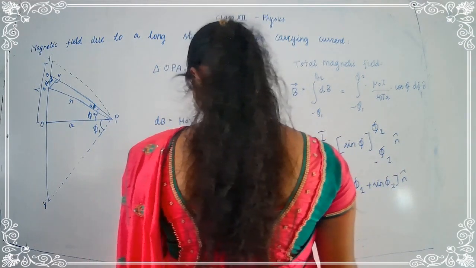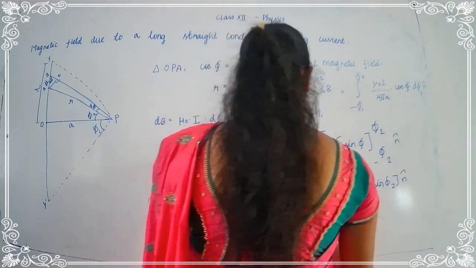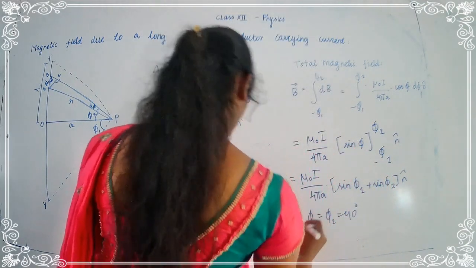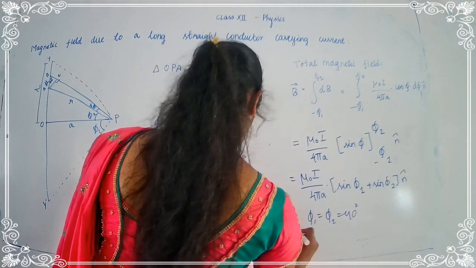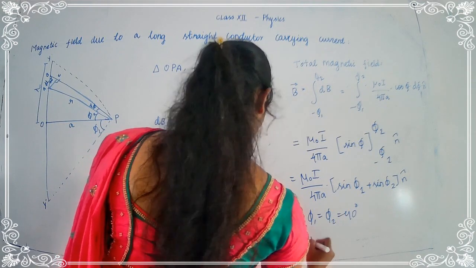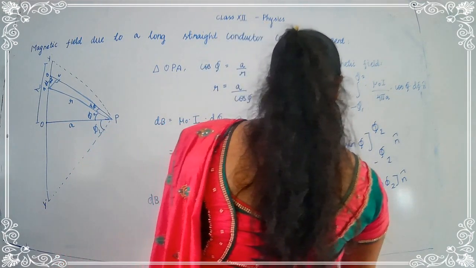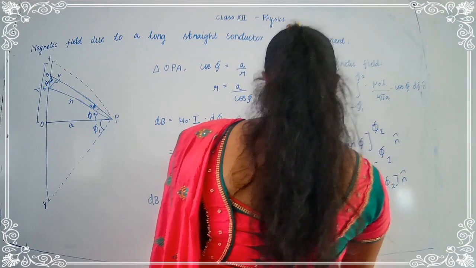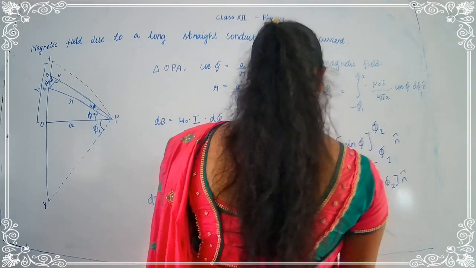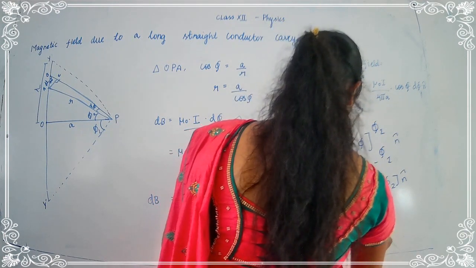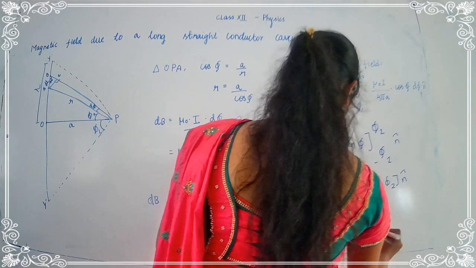Phi 1 and phi 2 values are 90 degrees. So what happens? B vector becomes mu naught into I by 4 pi a, and 2 n cap. It becomes 2, so the 2 gets cancelled. So, mu naught I by 2 pi a into n cap.